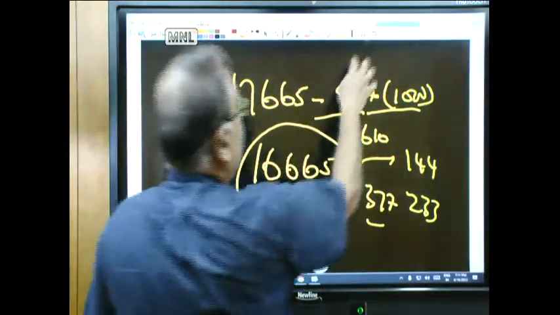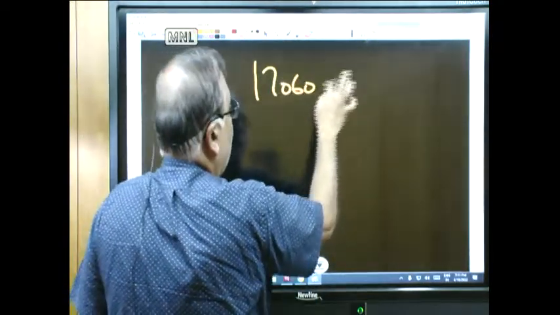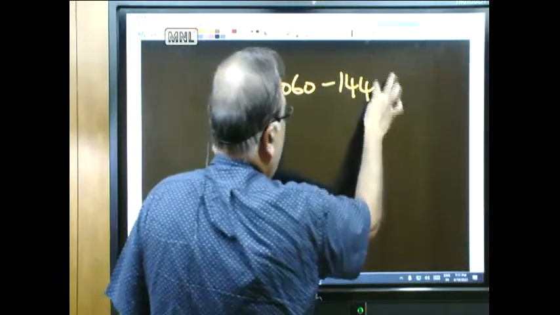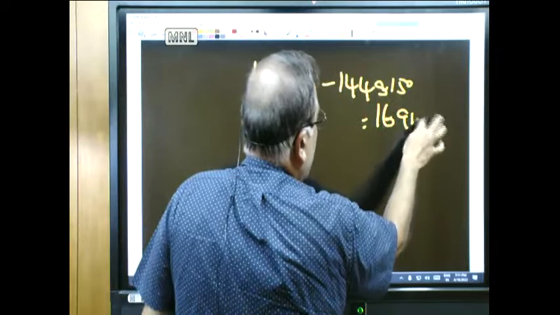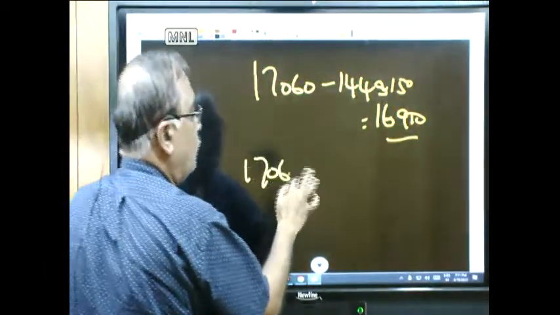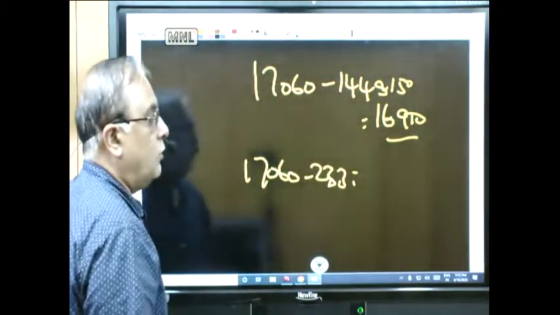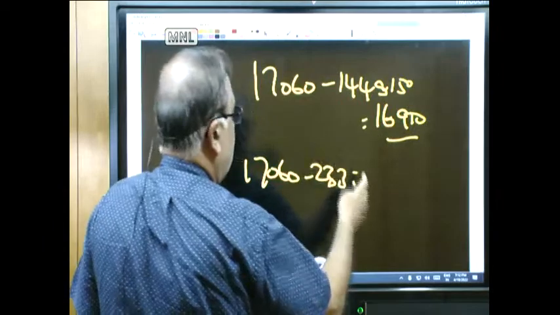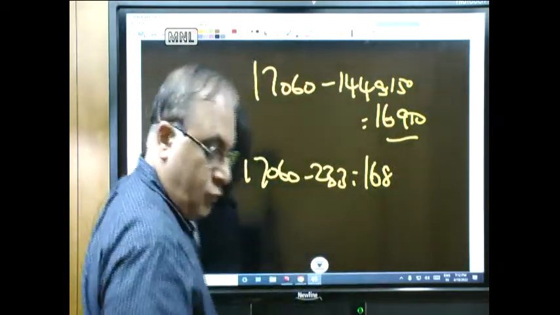So you can keep it like this: 17,060 minus 144. Let me approximate it to 150. So this will come at 16,910, right? Approximately. I'm also saying 17,060 minus 233, so this will come closer to 16,820 or so, right?